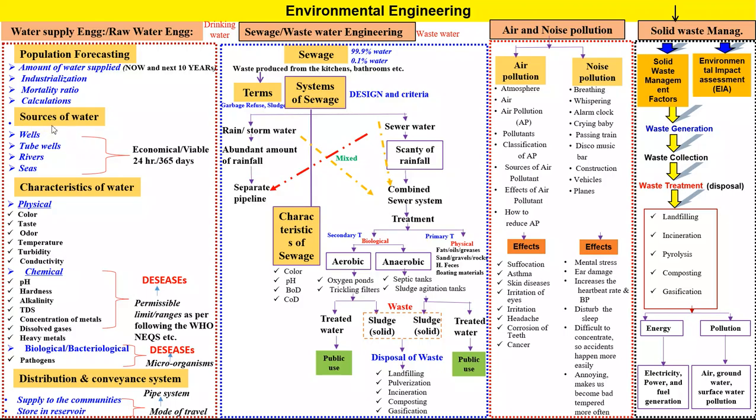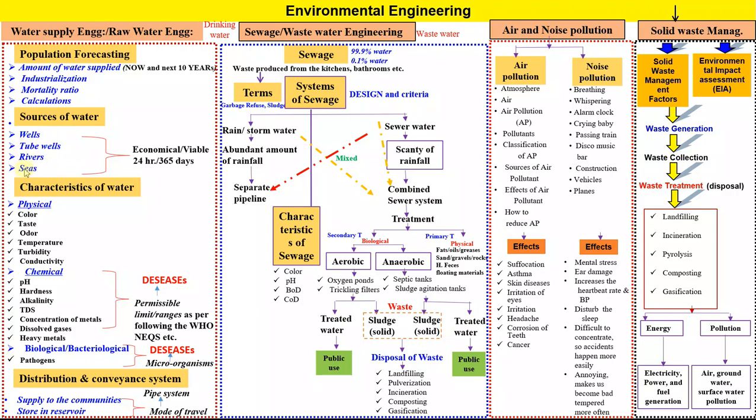Next, we will read sources of water, because in every country, either developing or developed, we have different sources of water. Most countries use natural water, like water from canals or oceans.